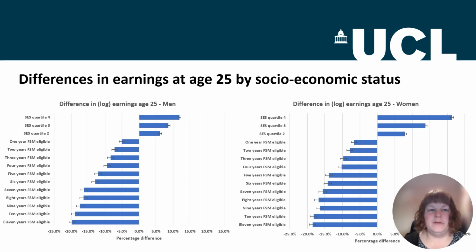And then you can see the penalty associated with being eligible for free school meals for a larger number of years, roughly similar between men and women, and approaching 20% by the time you get to being eligible for your entire school career. So really very significant differences in earnings across the socioeconomic distribution. And so what we'll be doing next is understanding the extent to which these different trajectories can help us explain these patterns.